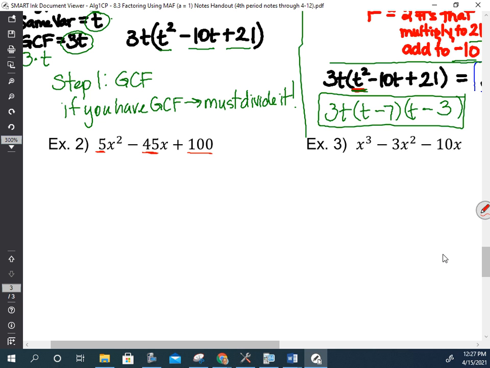Divide them all by 5. Do we have the same variable, the same letter in each part? No. So that means your greatest common factor is 5. But that means you got to divide it out. You have a greatest common factor, you will be dividing it out.